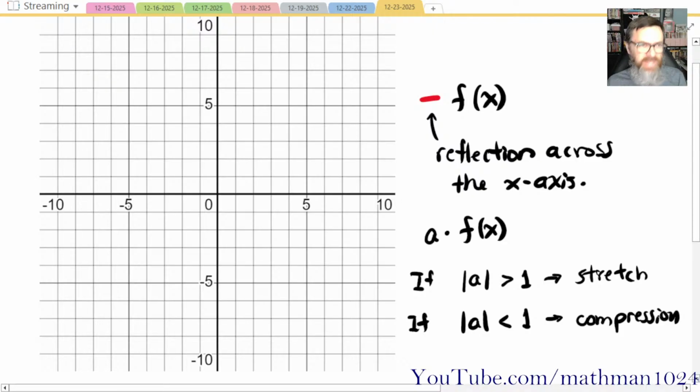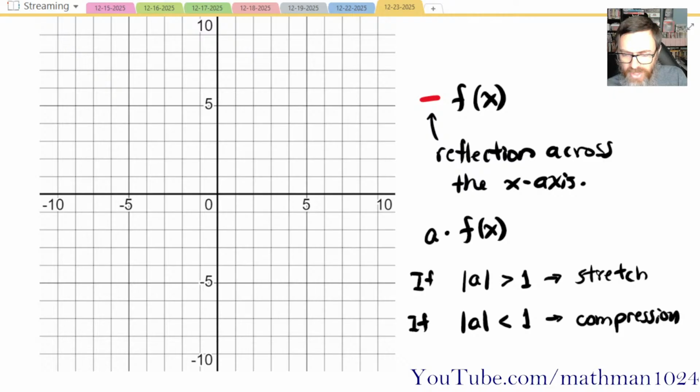So let's do an example of this so you see what I'm talking about. I think one of the easiest things to show for the stretch and compression will be with absolute values. But actually, let me first do something with that negative. Okay?